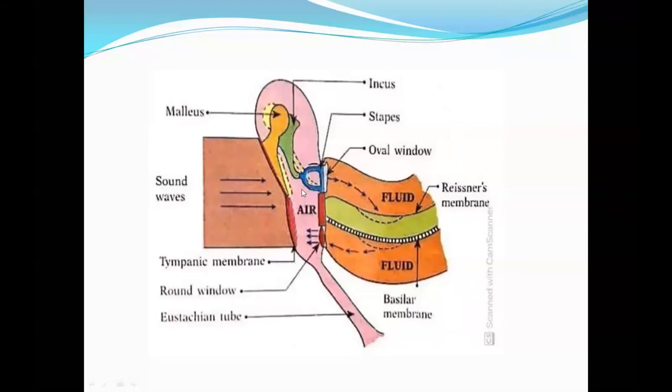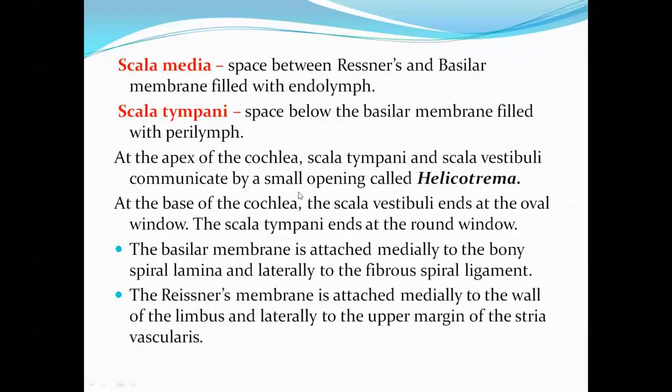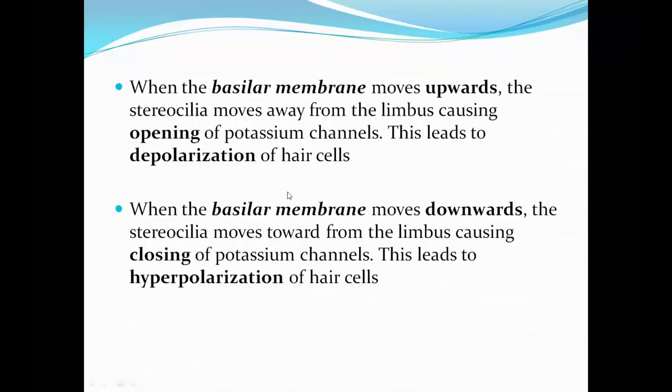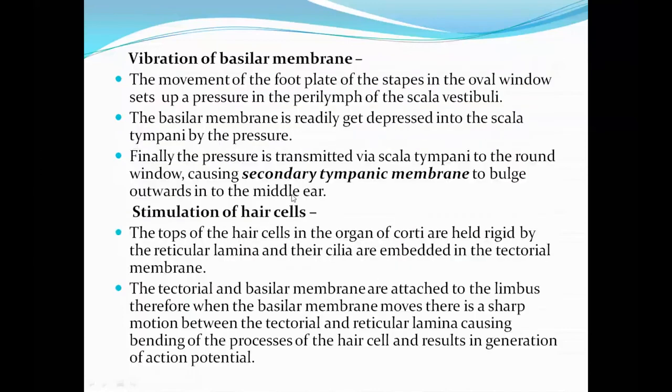So you can have an idea. Now, the basilar membrane is readily depressed into the scala tympani by the pressure. Finally, the pressure is transmitted by the scala tympani to the round window, causing the secondary tympanic membrane to bulge outside into the middle ear.